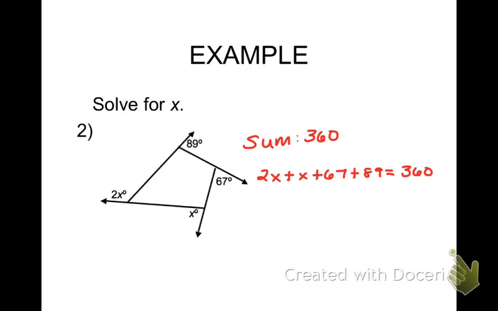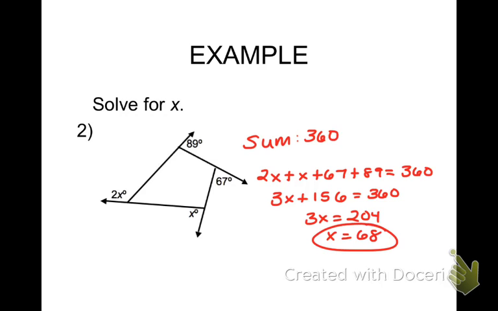I would combine like terms. I would get 3x plus 156 equals 360. 360 minus 156 is 204. Divide by 3 gets me 68. So x is equal to 68.